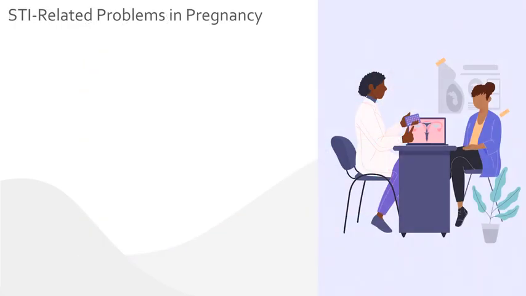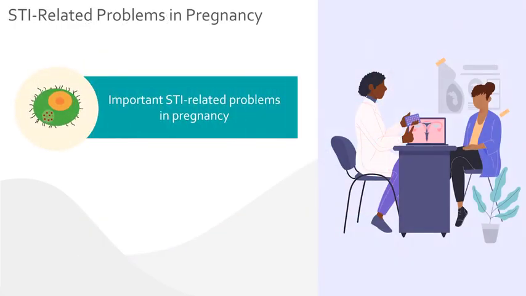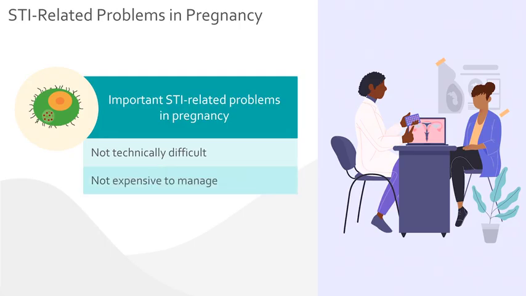Some of the most important STI-related problems in pregnancy, including post-abortion and postpartum infections and congenital syphilis, are not technically difficult or expensive to manage or even to prevent altogether. Yet, maternal and perinatal morbidity and mortality related to these infections remain high.